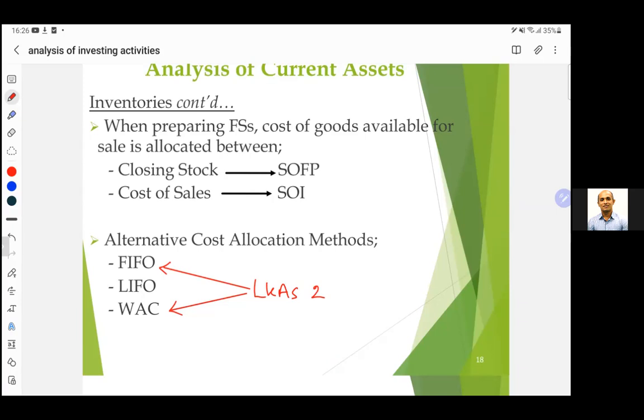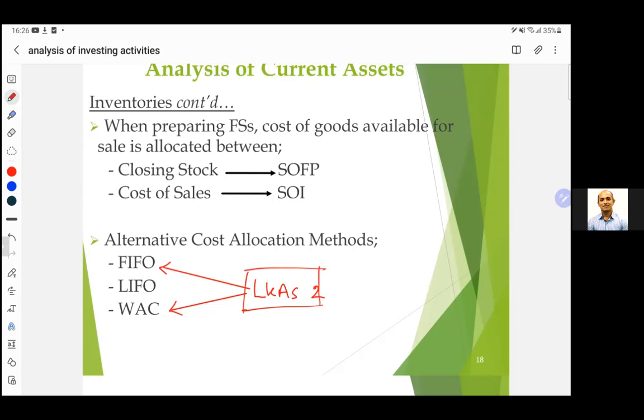In the financial statement, you calculate inventory costs, compare with NRV, and get the lower value. According to LKAS 2, inventory costs you can calculate on FIFO or WAC.